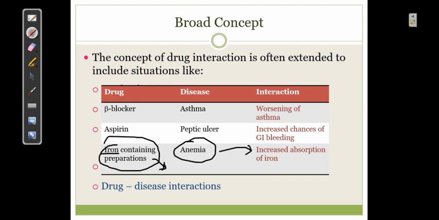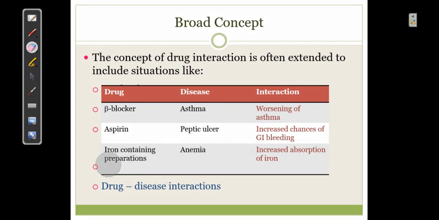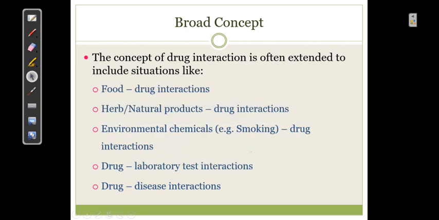So here the presence of disease has modified the effect of the drug, and that's why it is considered a drug disease interaction. I hope now you have a very broad concept of what drug interaction is. It is not only limited to drug interaction, it is also drug food interaction, drug herb interaction, environmental chemicals, laboratory tests, disease; all things we consider as a part of drug interaction.